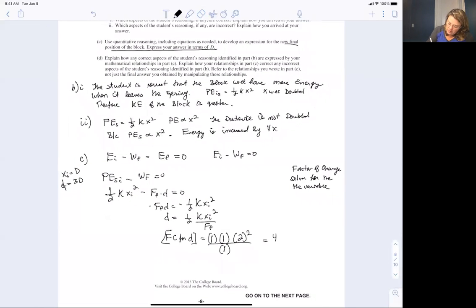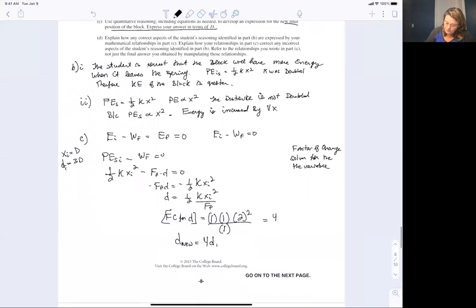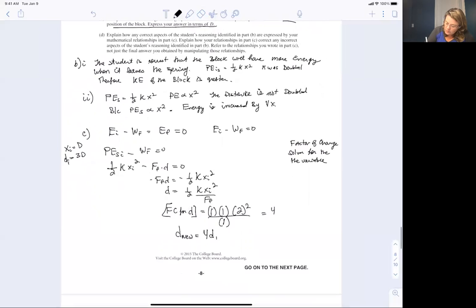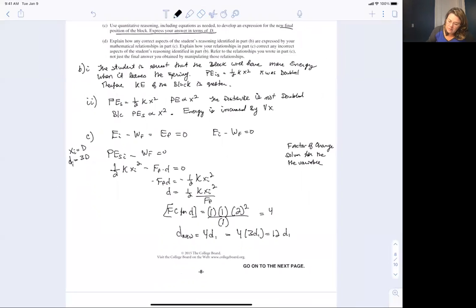So the D new is equal to 4 times the D1. So that equals 4 times the original distance, which is equal to 12 D1. So let's see if we answered the question.